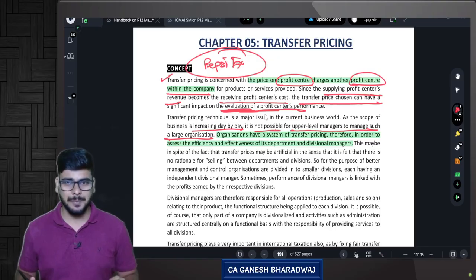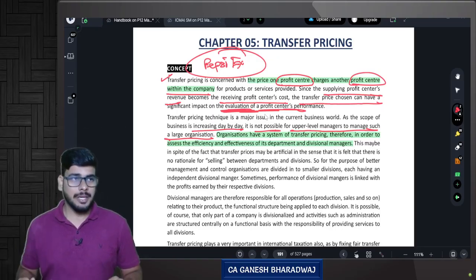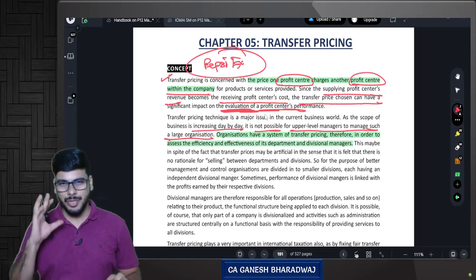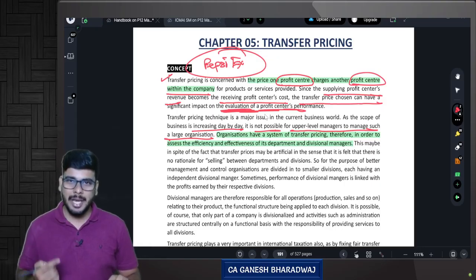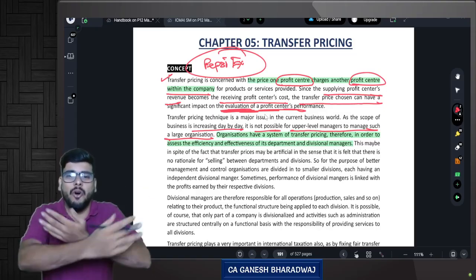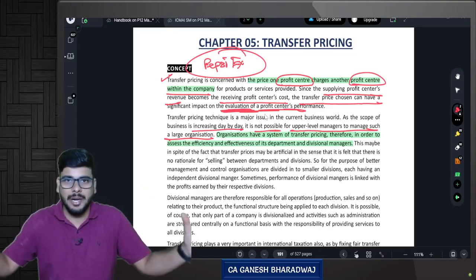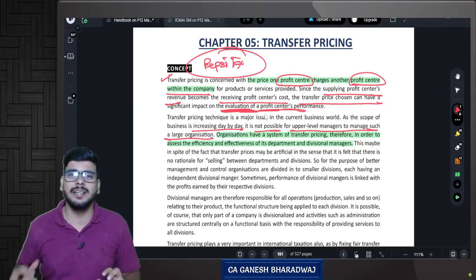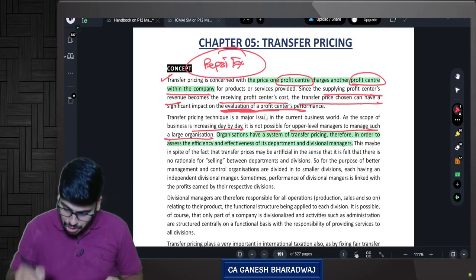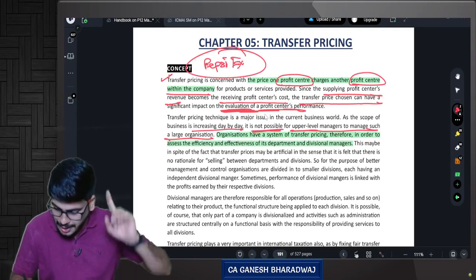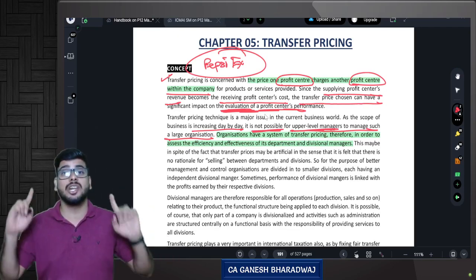Just imagine Mukesh Ambani, who runs Reliance. Will he be able to take every single decision of all the products and services that Reliance is entering into? Absolutely not. So it is not possible for the upper level managers to manage a large organization.